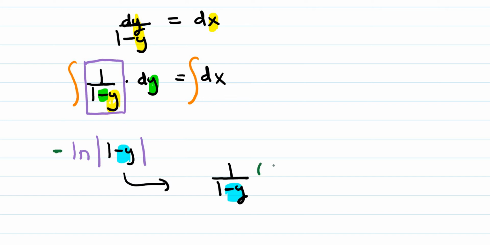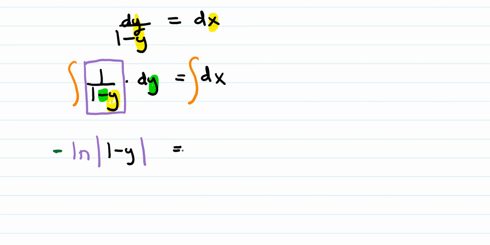Well, that's going to be negative 1, and then this negative 1 over here tags along, and as you can see, the negative signs cancel out, and you actually get back to the original problem there. Okay, so if you can just look at the problem, you can figure out that the antiderivative is negative ln of 1 minus y, and you can check your answer by taking the derivative.